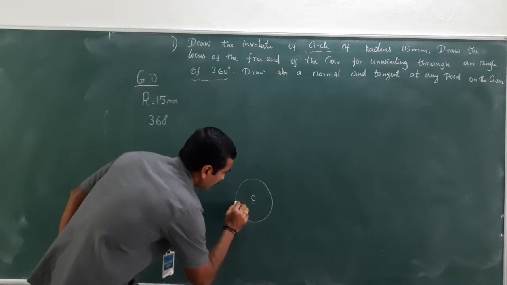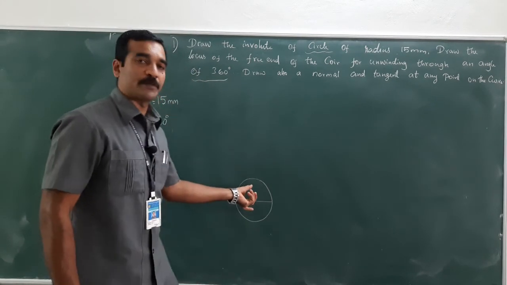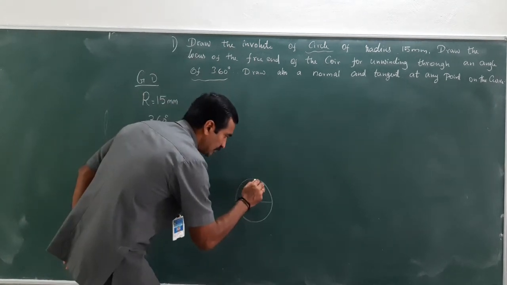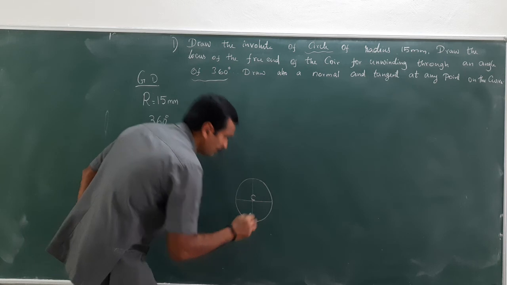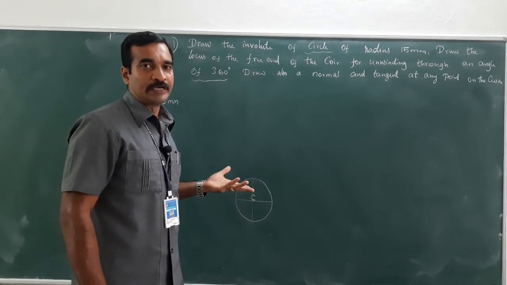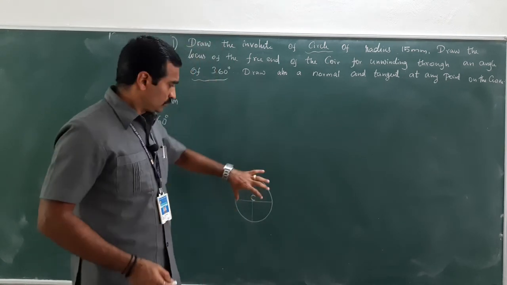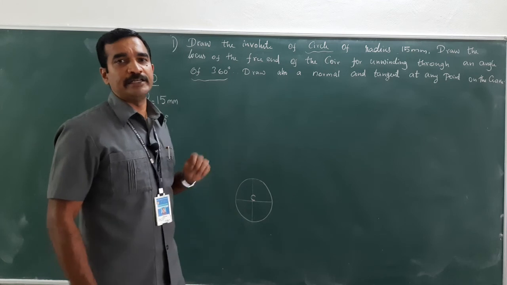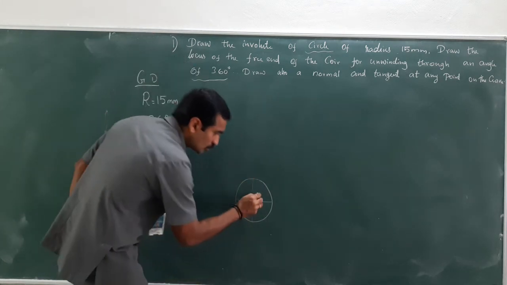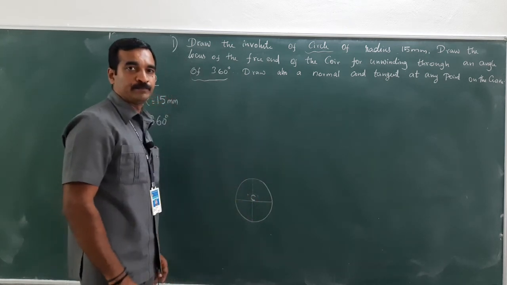If I draw a horizontal line, this circle has been divided into 2 equal divisions. If I draw a vertical line passing through the center, the circle has been divided into 4 equal divisions. I need to divide this circle into 8 equal divisions, for which keep a protractor in this manner. Choose 45 degree and here also 45 degree.